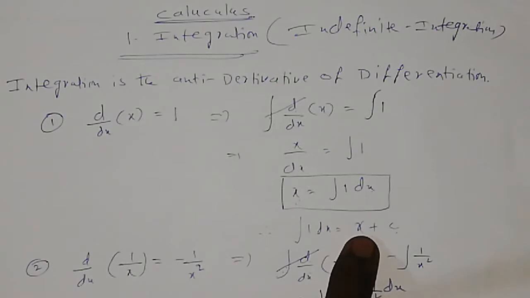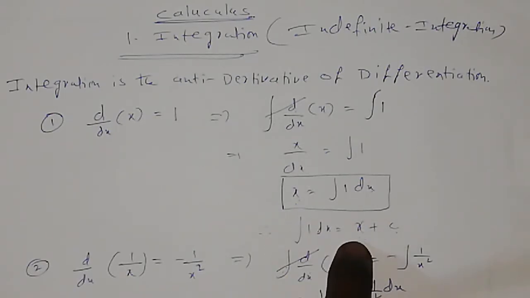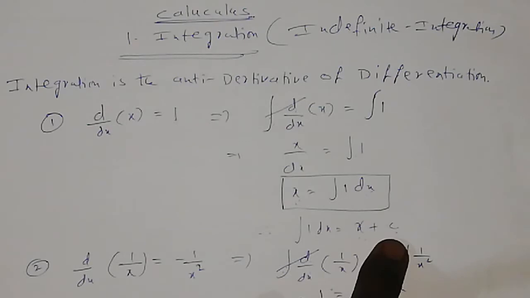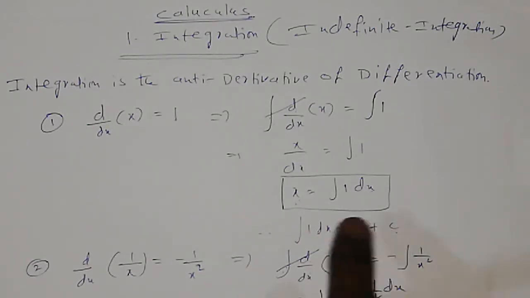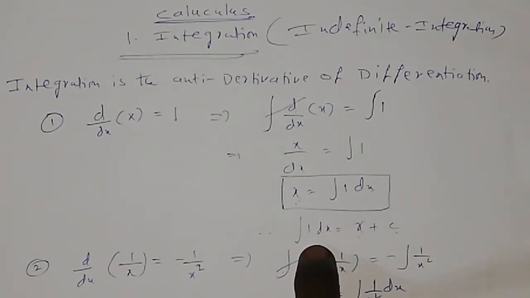So for every problem we get some constant value, and for that we write c. C refers to constant. So in integration, every problem ends with some constant. In every problem we have to keep plus c. So integration of 1 dx is equal to x plus c.